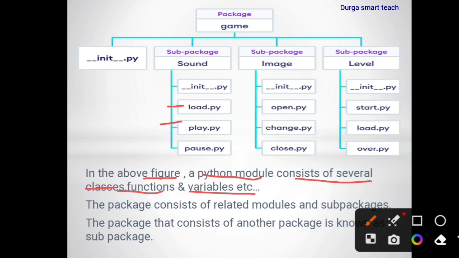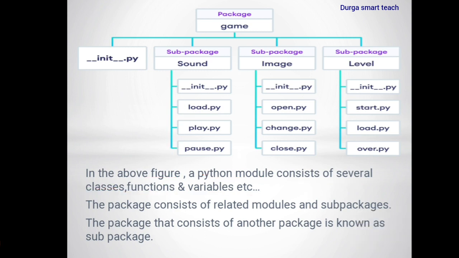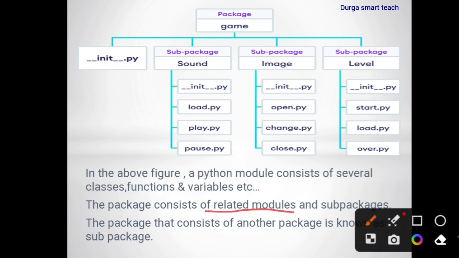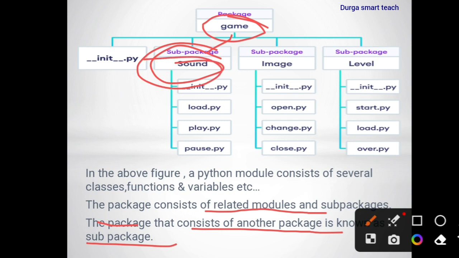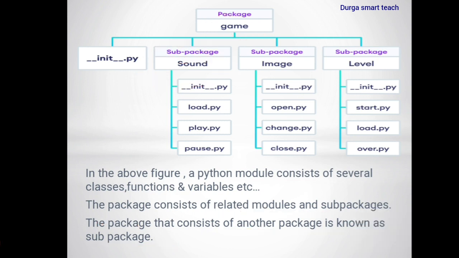These are the Python modules, and they may contain several functions, classes, variables, etc. A package consists of related modules and subpackages. A package that consists of another package is known as a subpackage. Here game is one package, and the game package contains the sound package, so the sound package is known as a subpackage.